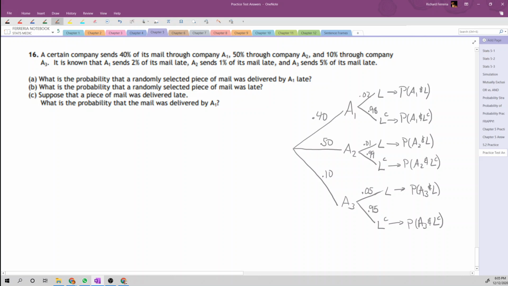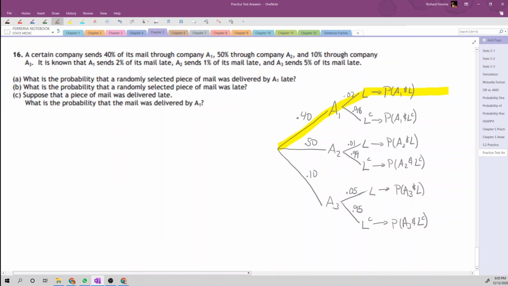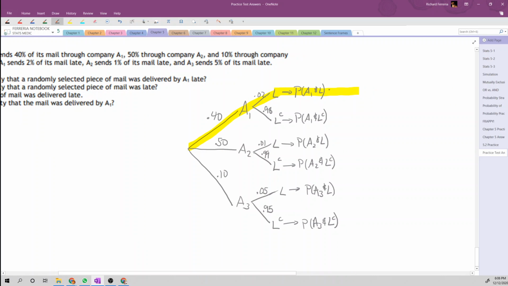So I'm going to slowly do this first probability, and then we'll speed it up for the rest of them. The first one is going to A1 first, 40%, then late, 2%, and so that probability is a multiplication of those two along the way. So this is equal to 0.4 multiplied by 0.02, and I believe that's 0.008.